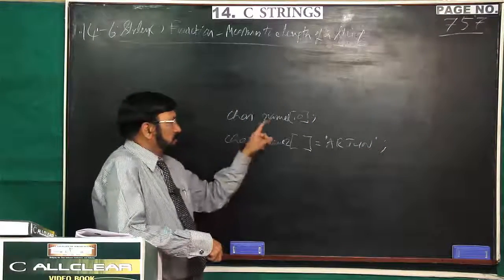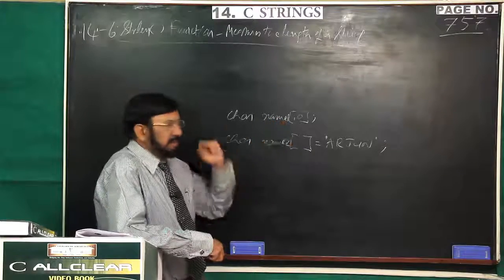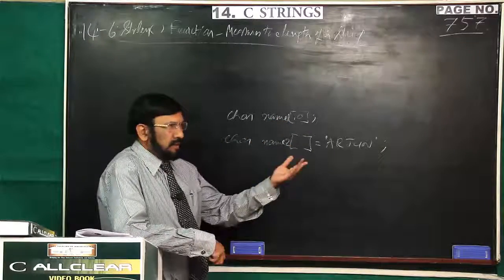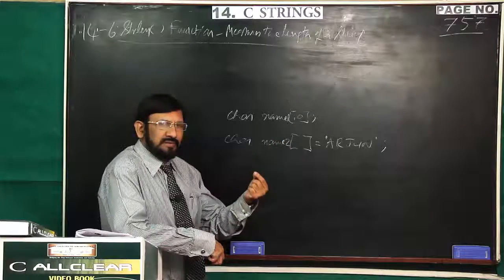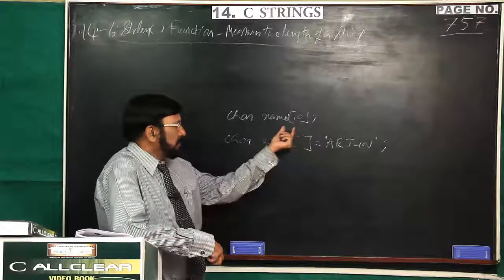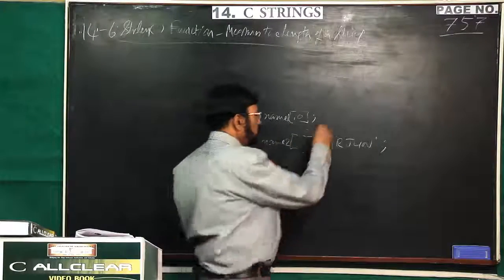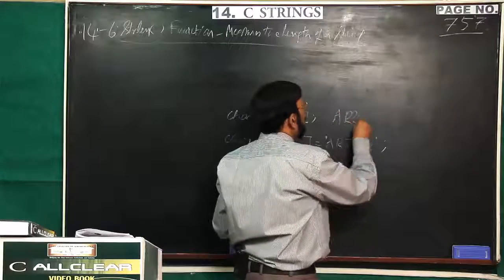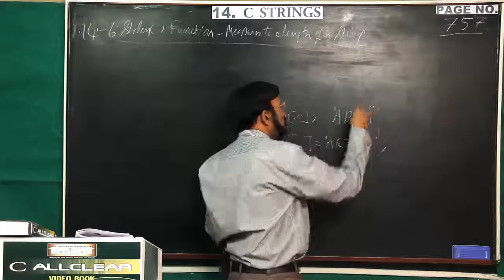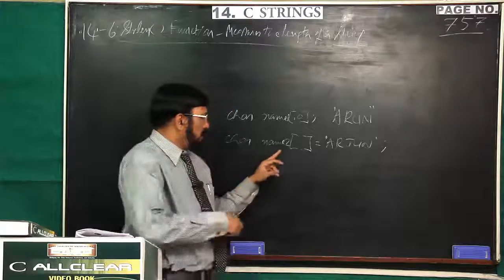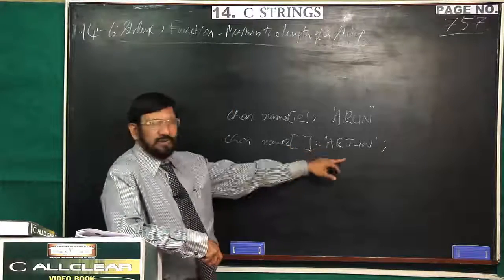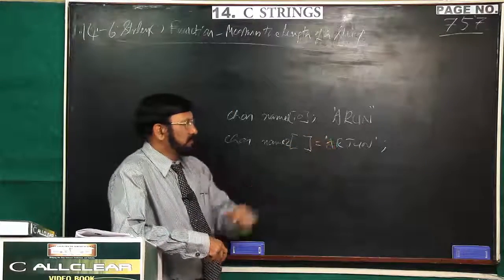Here you see, this is a string variable. That means by using %s, you can read a string. Suppose you read Arun, and in this other case you initialize with Arjun.